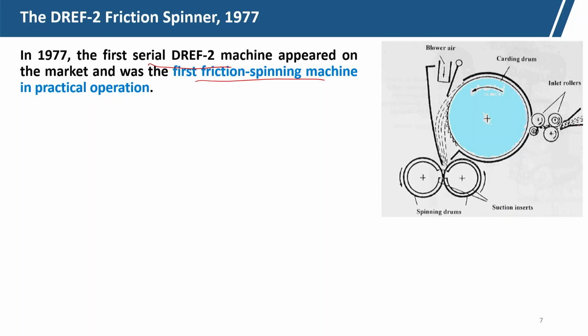where we have the inlet sliver. A number of slivers are fed, and then there are some inlet rollers. A little stretch may be given there, and from the inlet roller the carding drum, that is the opening roller, is there, and from the opening roller the fiber moves to the fiber transport channel.